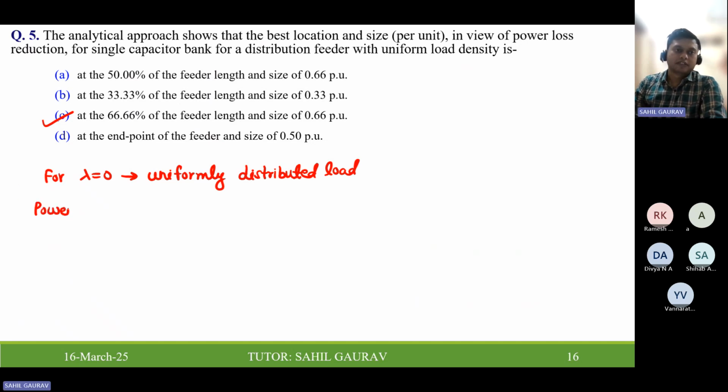The power loss reduction is 89%, or 8 upon 9 per unit.